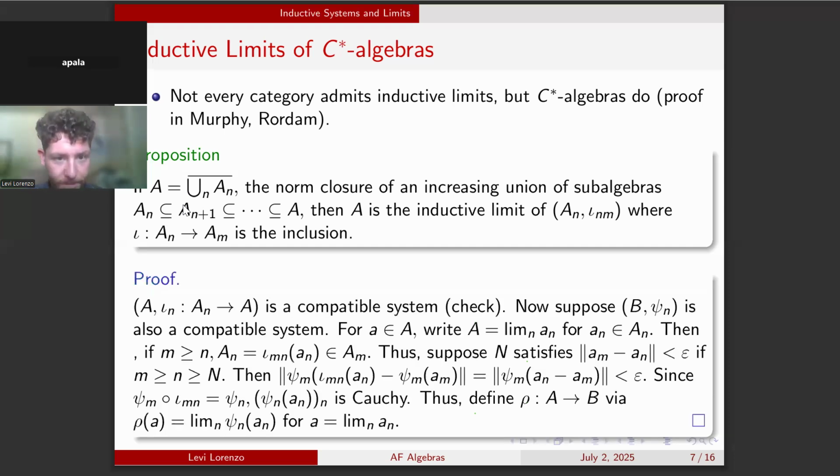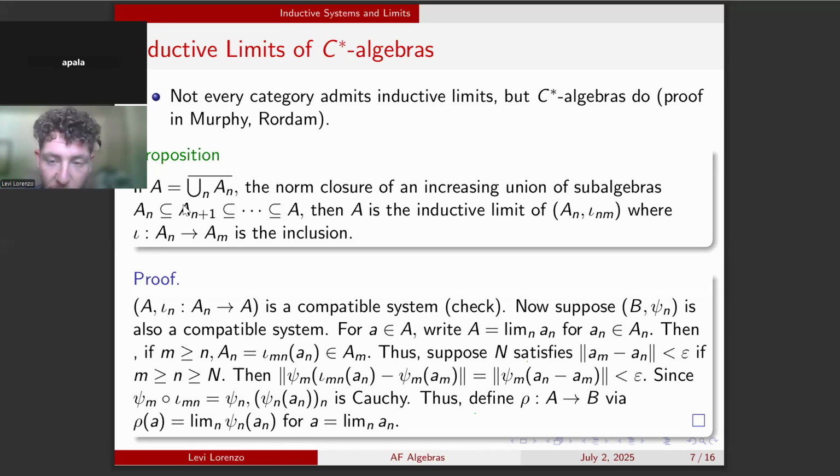Let's walk through a few details of the proof for why this works. First, a check that if you have A with all of these inclusion maps from the subalgebras into A, this is a compatible system. That's a fairly straightforward check. The next thing we need to do is to see that this is universal among such systems.